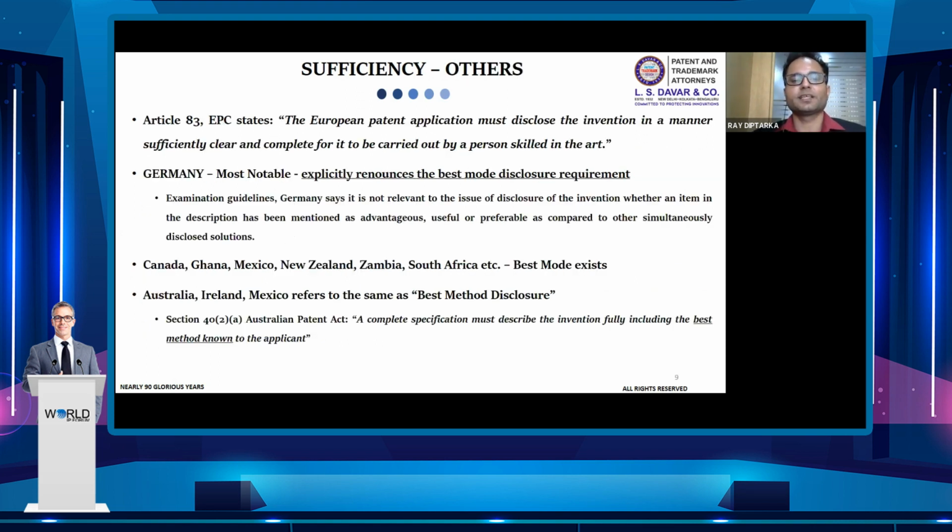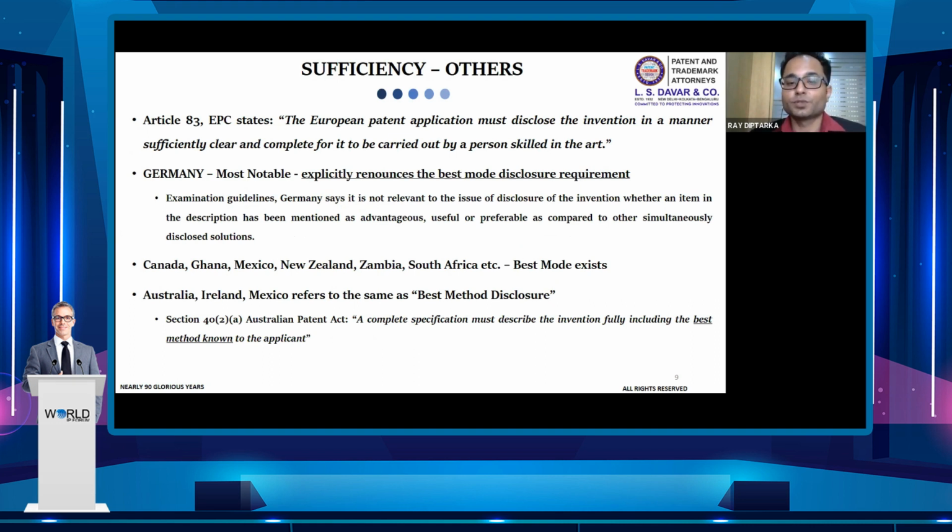In other jurisdictions, let's say the European Patent Convention, Article 83 EPC states the European patent application must disclose the invention in a manner sufficiently clear and complete for it to be carried out by a person skilled in the art. So basically, it's an enablement requirement which is disclosed.